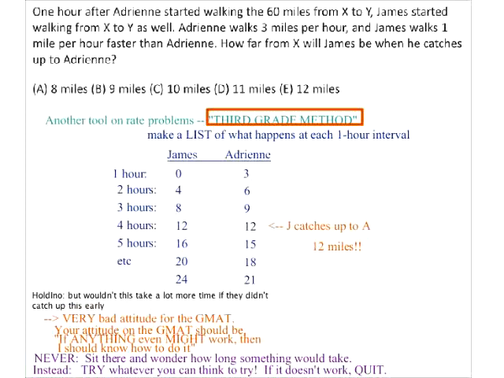Every method is just as important as every other method. If you have a really formal schooling background, you probably don't like this method very much, but it doesn't matter. It's still a really good way to solve problems. So basically a third grade method is just think about concrete numbers after concrete intervals of time, so that there's no algebra.